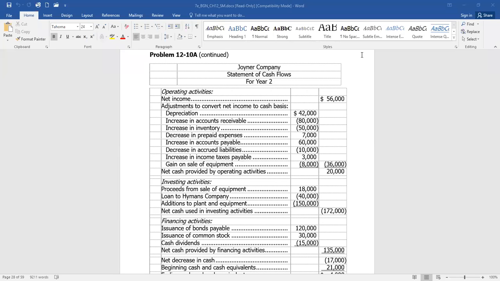And then as far as our financing goes, long-term liabilities such as bonds payable, and changes in our stockholders' equity. Now, we're not reporting all changes in these items. We're reporting those that affected cash. So you have to think of it from the perspective of, if cash was involved in that transaction, we've got to report it on the statement of cash flow.